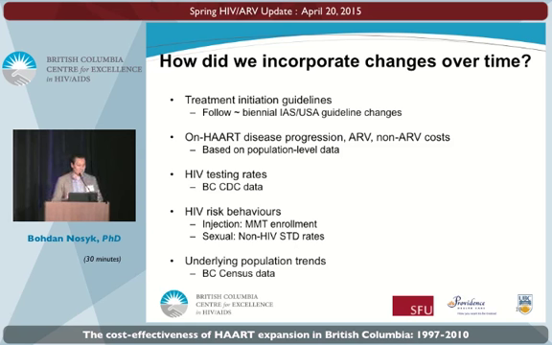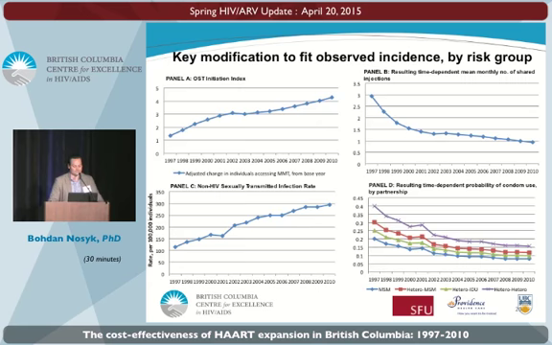And this was a game breaker for us. Incorporating these changes in HIV risk behaviors allowed us to simulate the epidemic to a very specific level. We also considered underlying population trends in terms of the number of susceptible individuals in each of the risk groups.